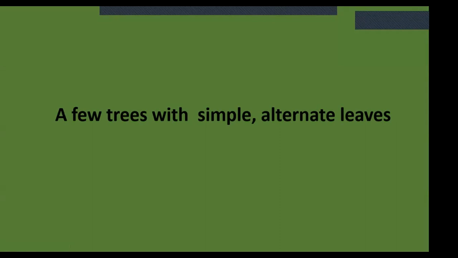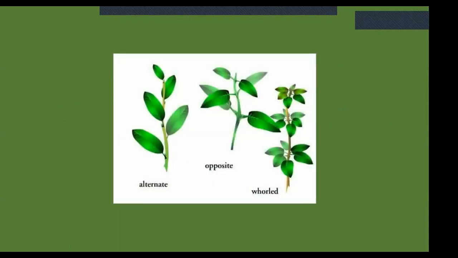I'm going to review the cherry and hackberry I think we were working with just before we finished yesterday. And we're going to be looking now at trees mostly with simple alternate leaves, at least for a while. That's probably the most common arrangement you find in nature.